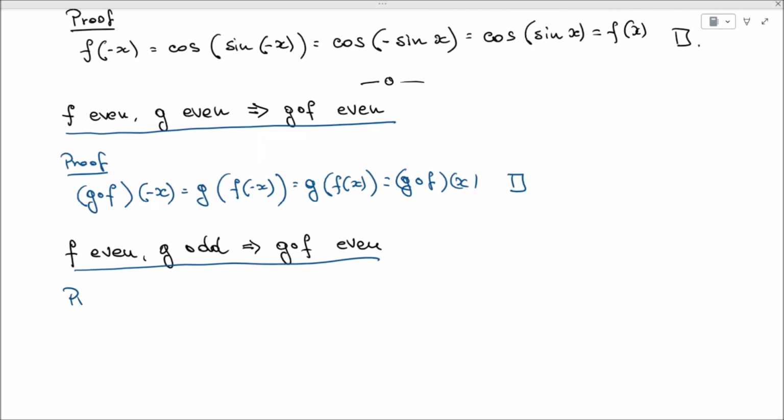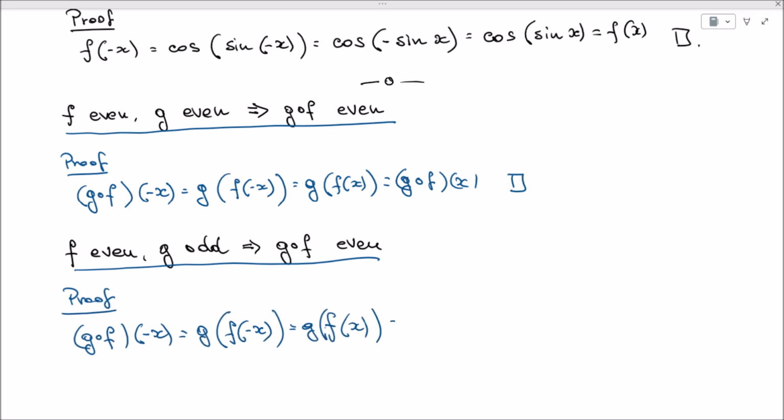So we have that g compound f of minus x is equal to g of f of minus x, but again, because f is even, this is equal to g of f of x, and again we have the proof.